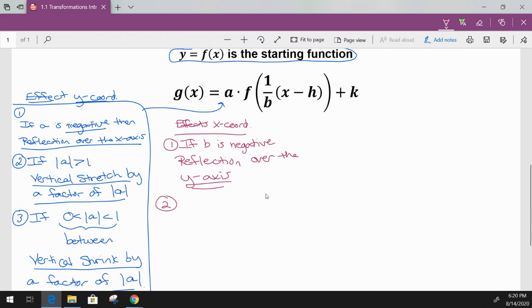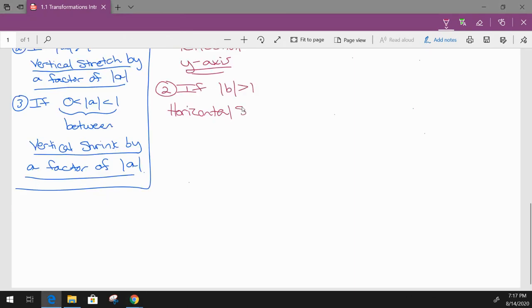The second thing that B can do, if the absolute value of B is greater than 1, kind of like when the absolute value of A was greater than 1, is a horizontal stretch by a factor of whatever the absolute value of B is.